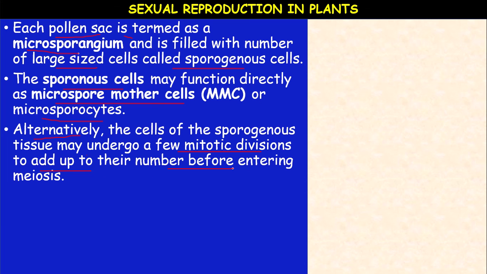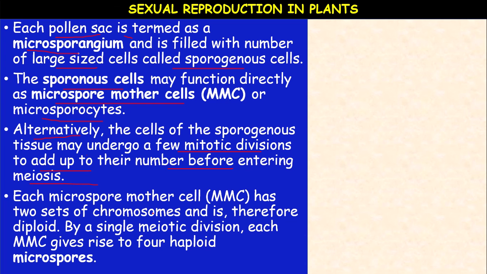After that the meiosis occurs. Each microspore mother cell, MMC, has 2 sets of chromosomes, meaning they are diploid in nature because they are formed as a result of mitosis. 2 sets of chromosomes are present, 2n, therefore diploid.